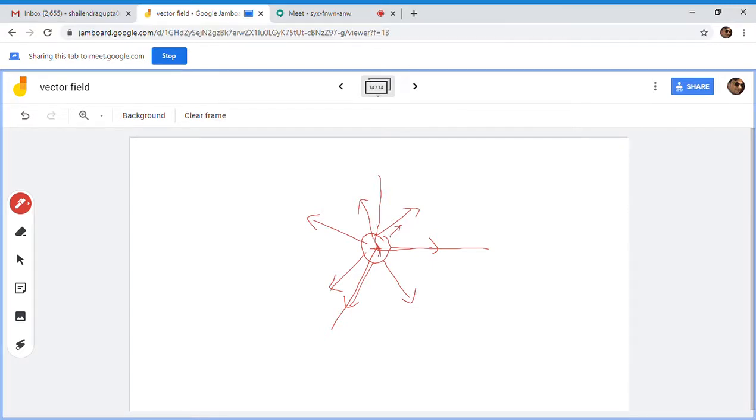If you write this electric field in the XYZ coordinate system, it comes out to be 1 upon 4 pi epsilon naught into charge Q divided by (x square plus y square plus z square) under root, whole cube, into x ax plus and so on.